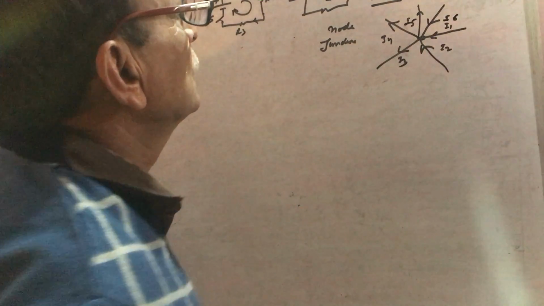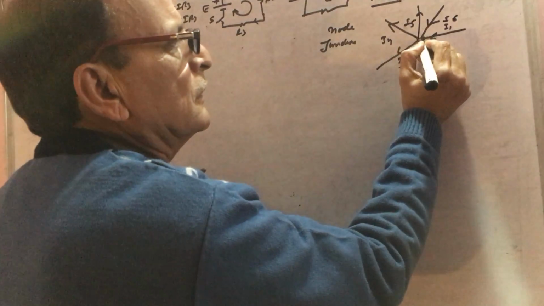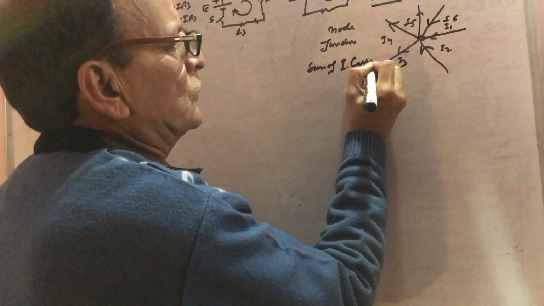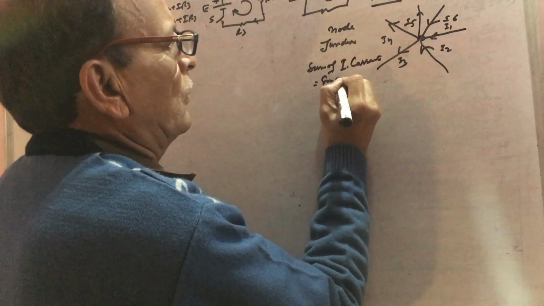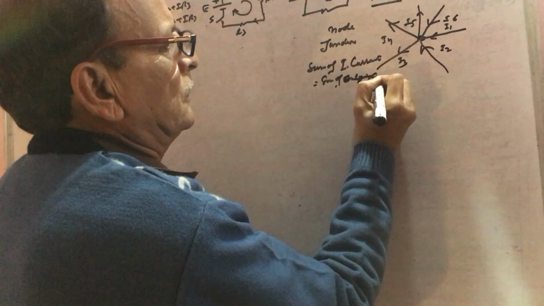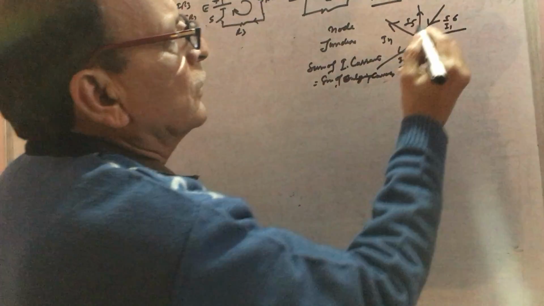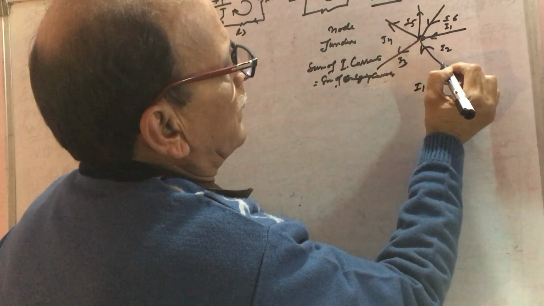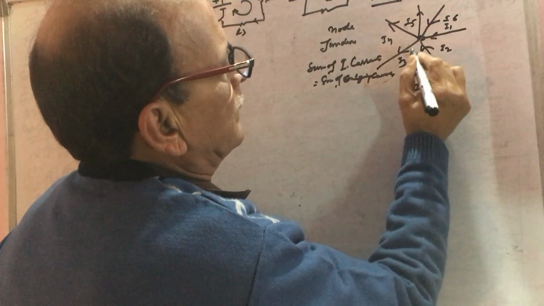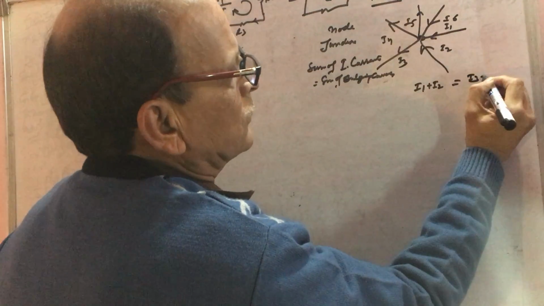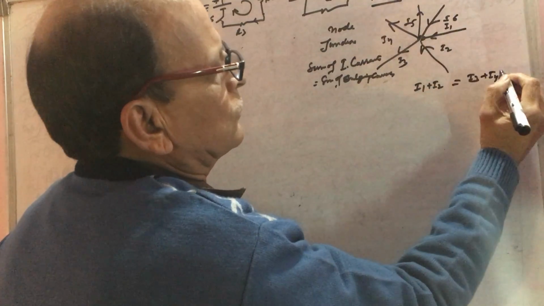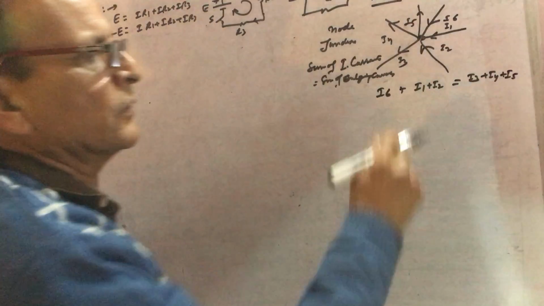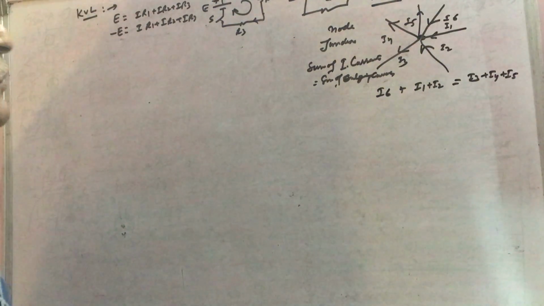In any node or junction, the sum of incoming currents is equal to sum of outgoing currents. So here I1 is coming and I2 is coming, I3 is going, I4 is going, I5 is going, I6 is coming. So sum of incoming currents is equal to sum of outgoing currents.